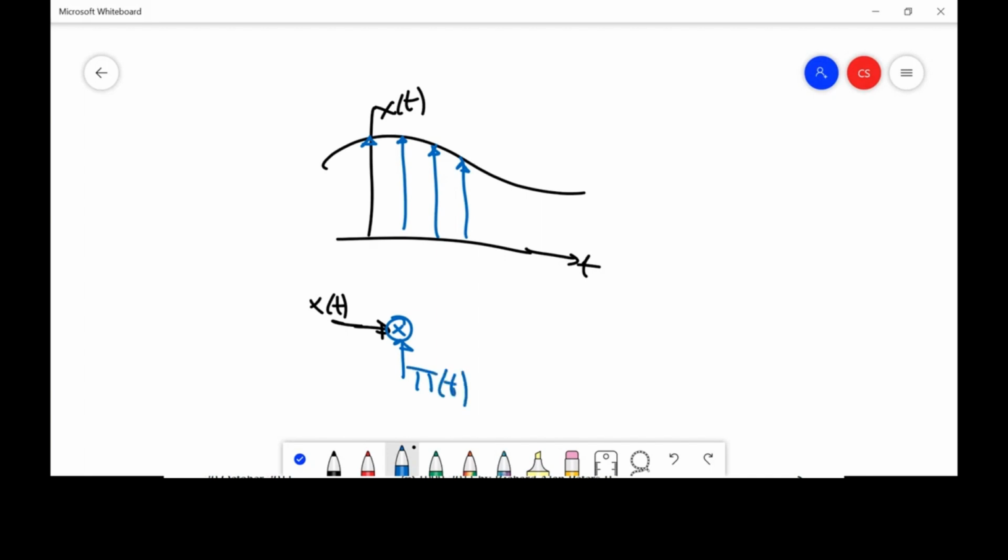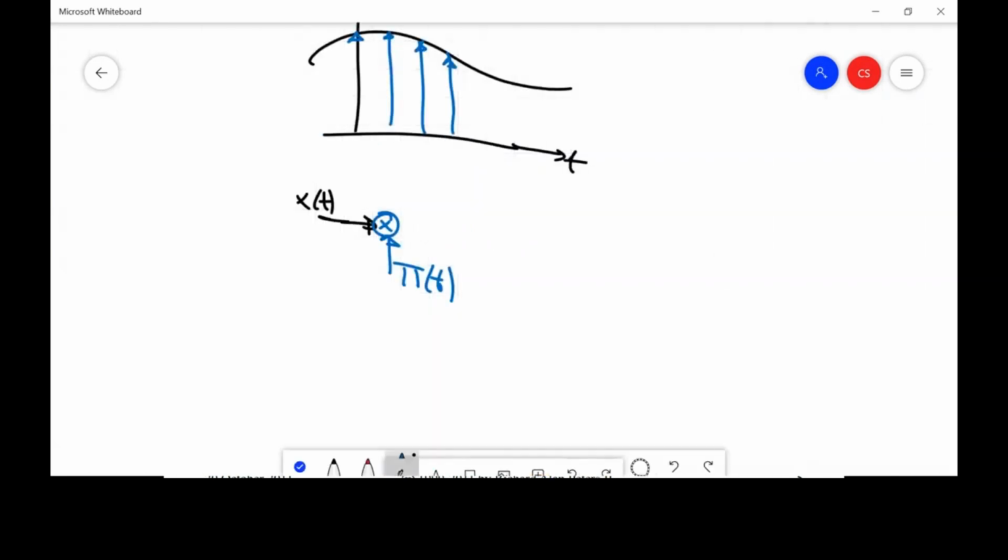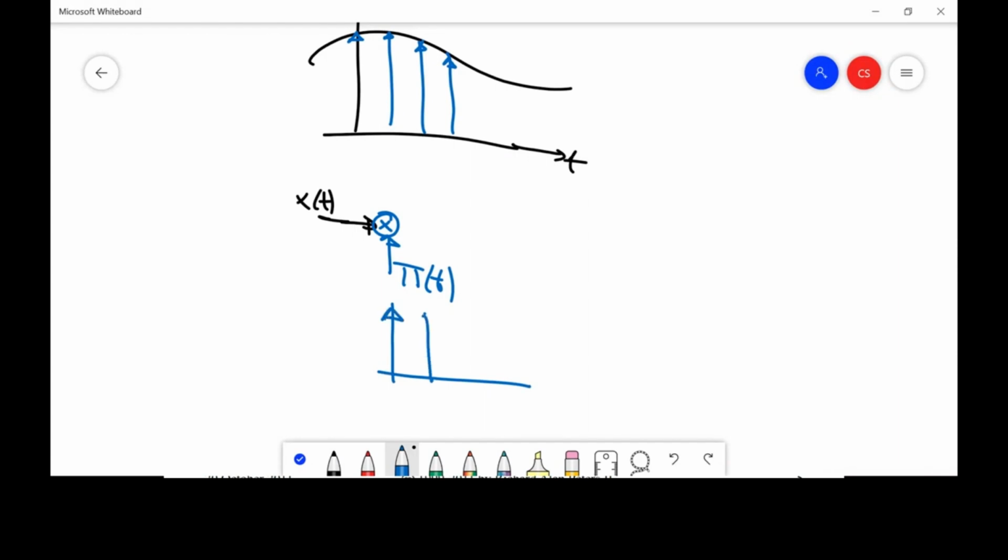So I have to multiply by this pulse train. The separation of any two samples is called Ts.